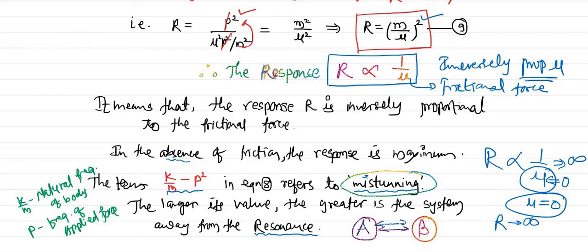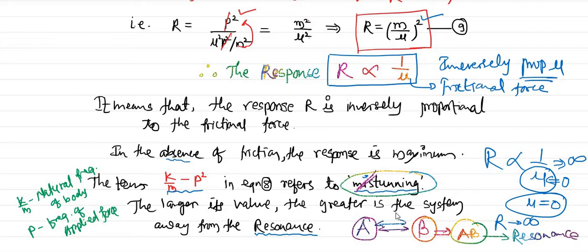No. If they have tuning, yes, this mistuning term should not be there. If they have tuning, they will come together and work as one. That coming together and working together is nothing but the resonance. Yes, that is resonance.